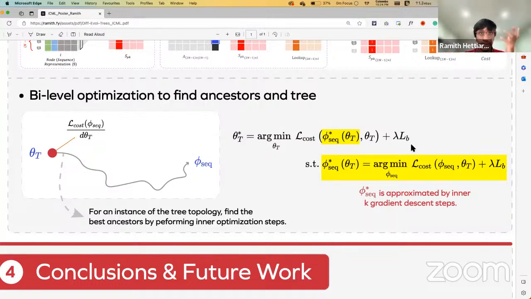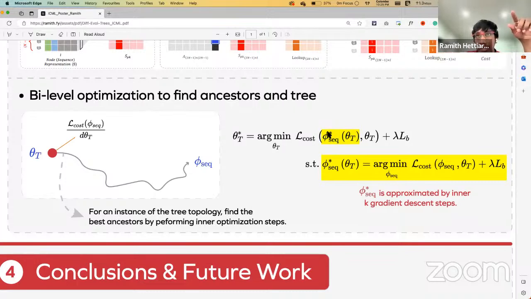And finally, what I ended up doing is this bi-level optimization, where theta t means the best tree parameters. This bi-level optimization problem is very similar to what meta-learning does, where we have to optimize some hyperparameters and the weights. If we formulate it as a bi-level optimization, the best tree parameters depend on the best sequence parameters for that tree topology.